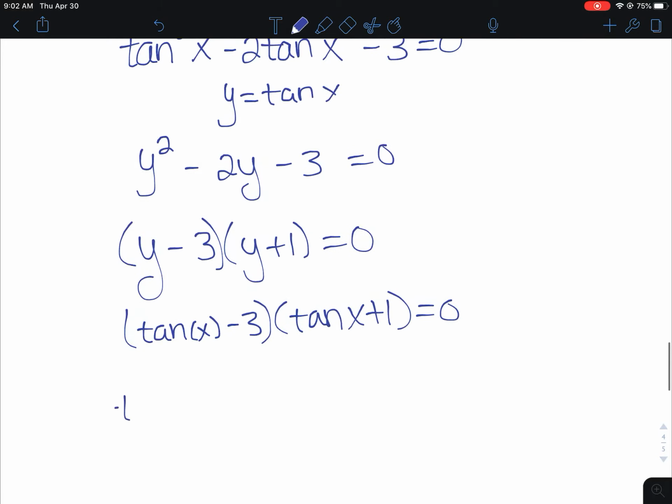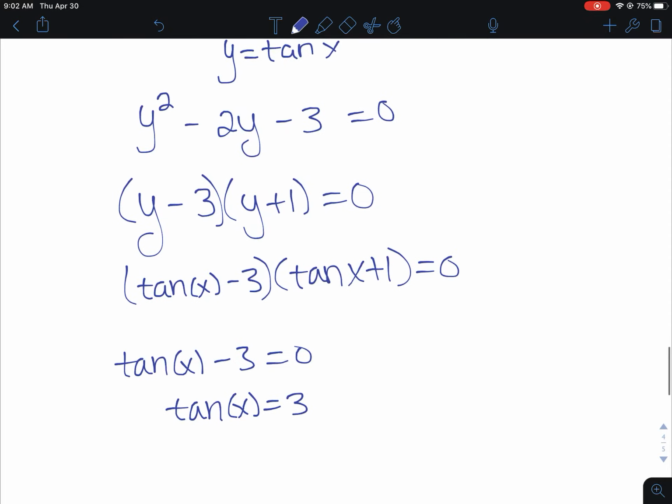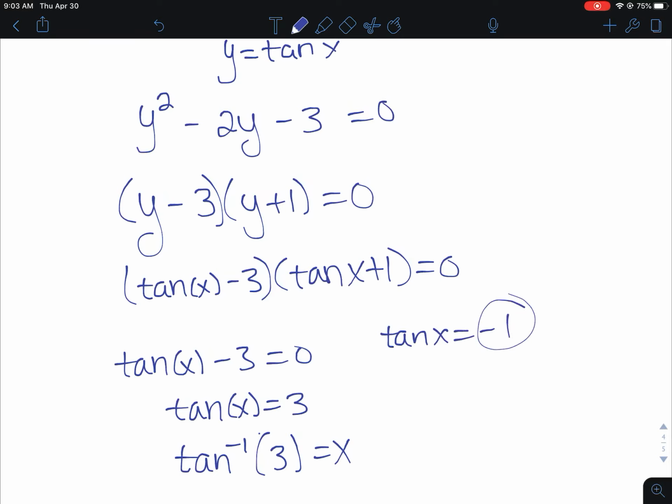Set each equal to 0. So in this case, tangent x would equal 3. Not on our unit circle, so use tangent inverse on your calculator. And over here, tangent x would equal negative 1.